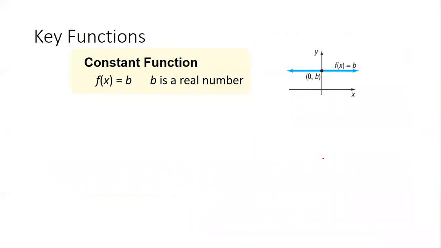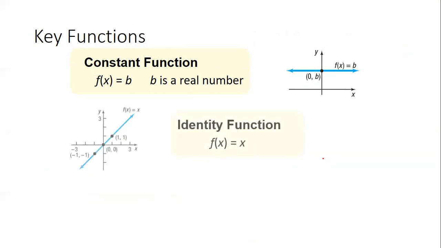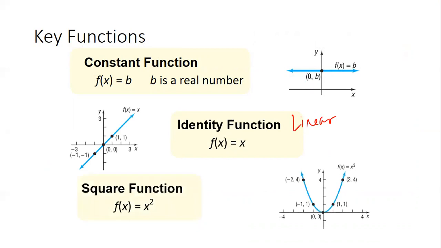All right. So putting it all together, all the functions by now that you should know and be comfortable with: you have your constant function, which is just a horizontal line. You have your linear, AKA your identity function. You have your square function, AKA your quadratic.